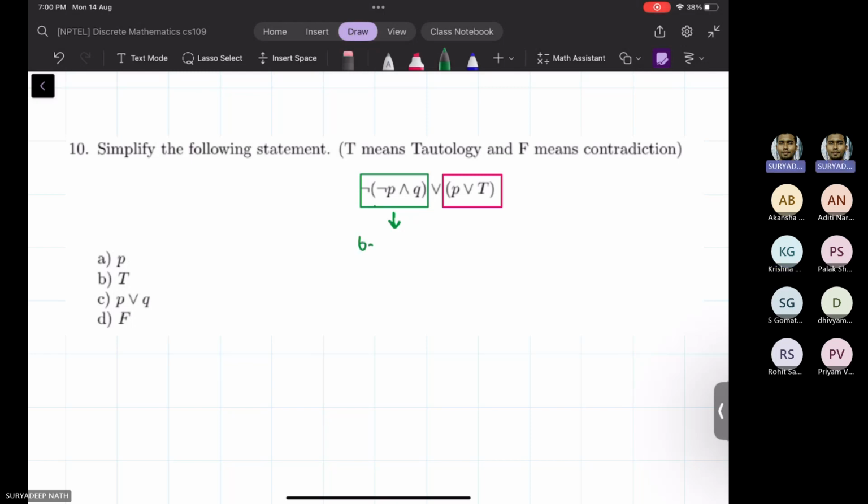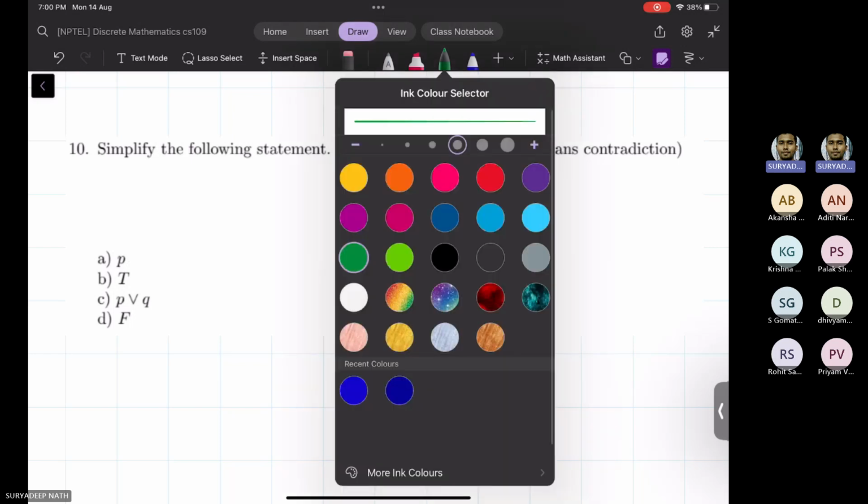Right, because we do not know anything extra about P and Q. Since it is not mentioned, P and Q can take both true or false values, and depending on that, this green portion can take both true and false values as well.